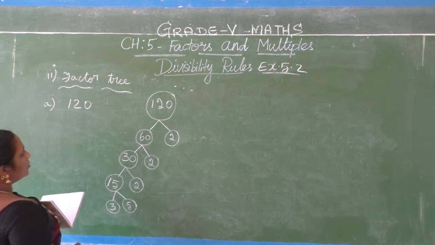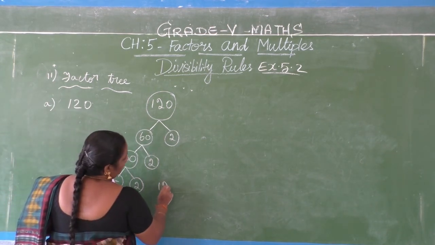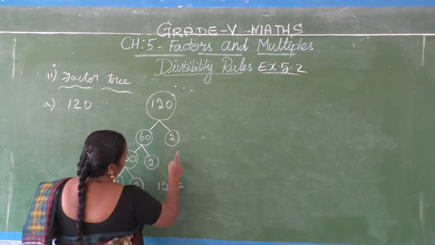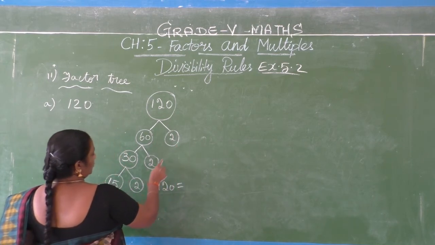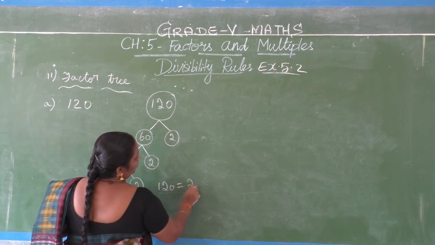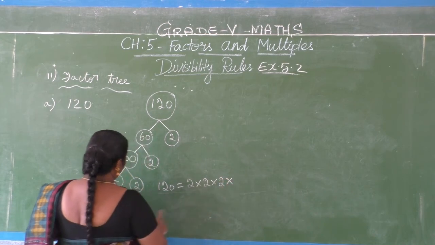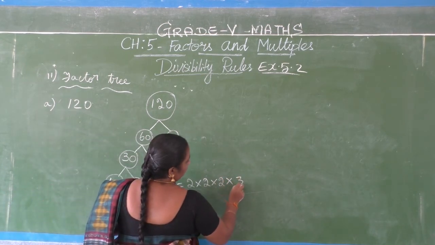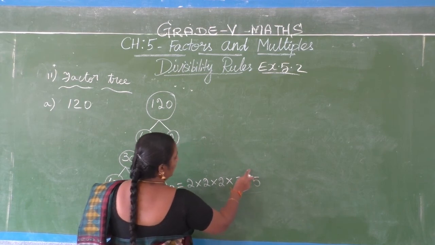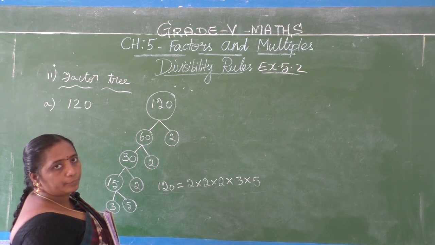So the factor tree of 120 is, see, these are the numbers. How many times? 3 twos: 2 into 2 into 2 into 5 into 3. If you multiply all these numbers, you will get this 120.